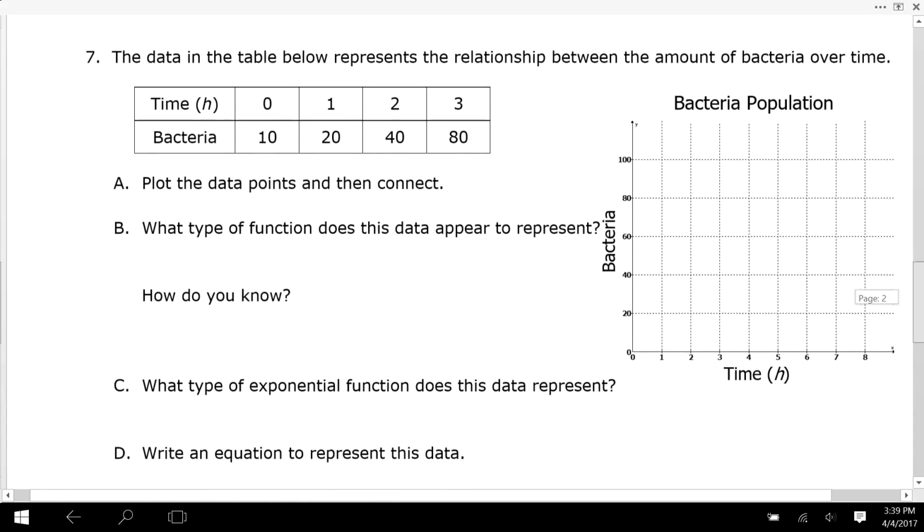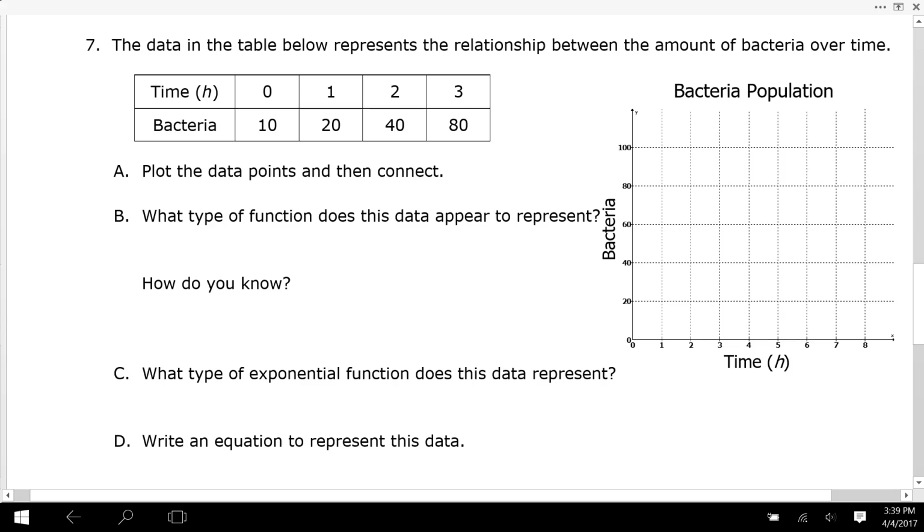Okay, so bacteria over time, I'm guessing it's going to be exponential. So my hours are increasing by 1s, and my bacteria is increasing times 2. And my a is 10. So my points are at 0, 10, 120, 240, 380. So here's my exponential curve, and it appears to be exponential.